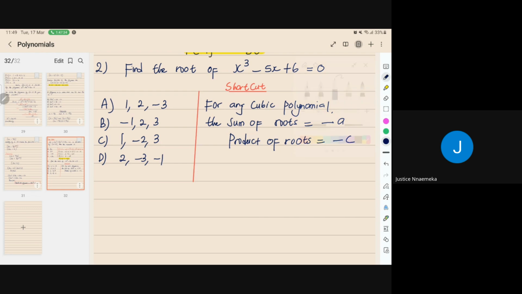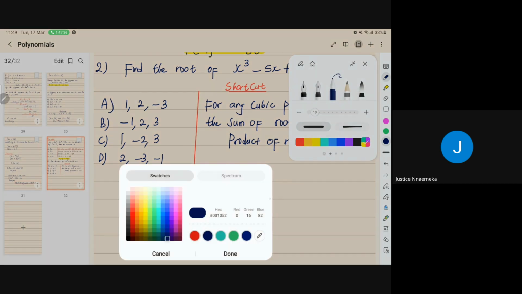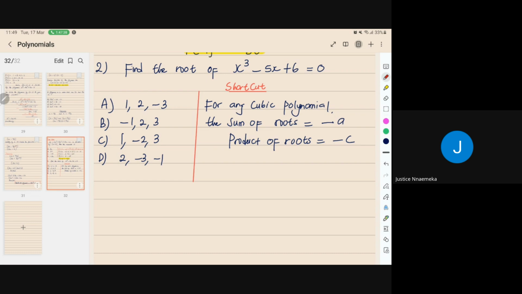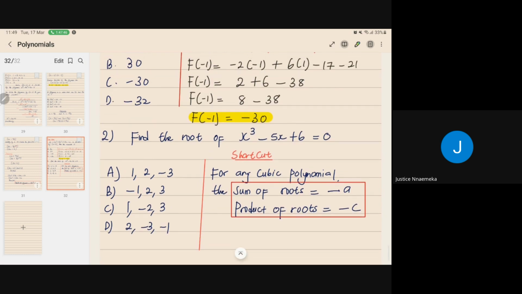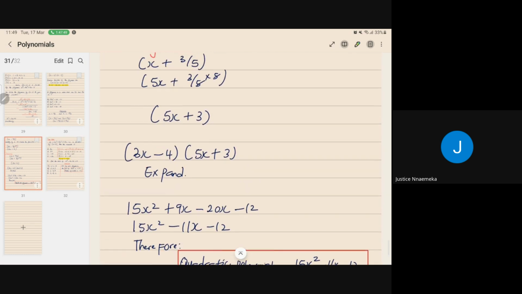So take note of this. Let's go and apply it in the other questions, then we'll come back to this. So the sum of the roots should be equal to negative a, and the product of the roots is equal to negative c. Let me show you from the other question we've solved already.